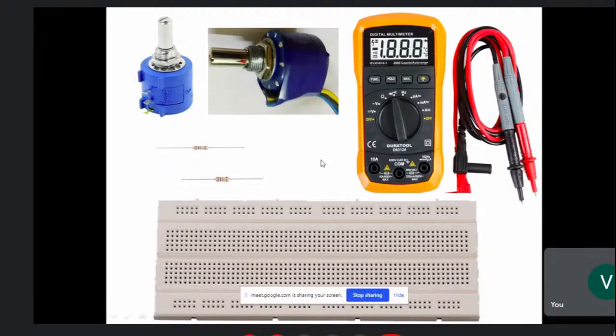And we use a digital multimeter. We use carbon resistances and a breadboard.